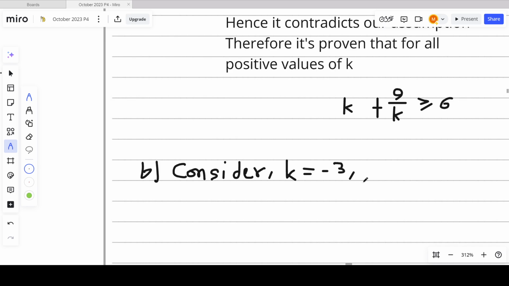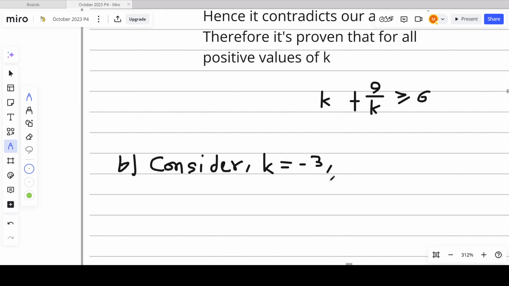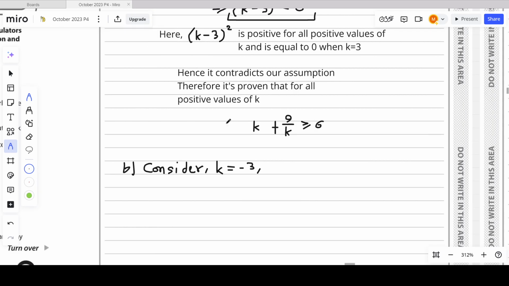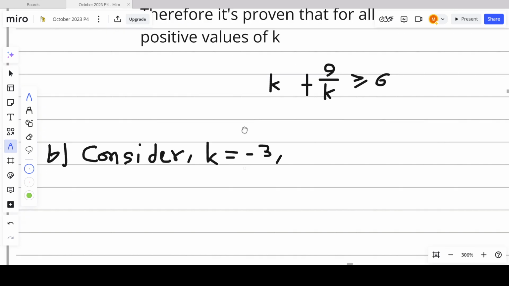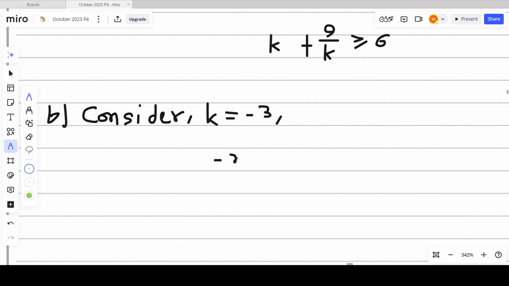Then k plus 9 over k would be -3 plus 9 over -3, so -3 minus 3, that is -6, which is not greater than or equal to 6.